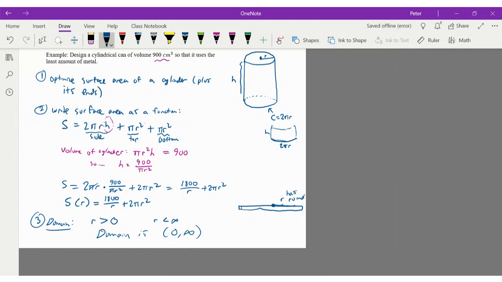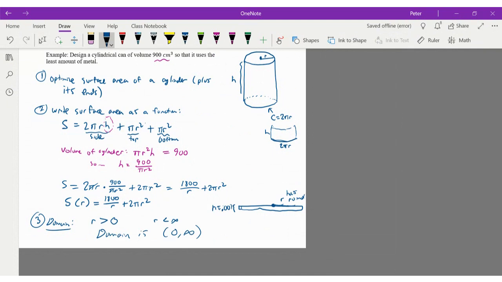Okay, so it looks like there's some confusion about why the end of the domain is infinity. The answer is that I can squash this can as much as I want. Let's say the height of the cylinder is 0.001.